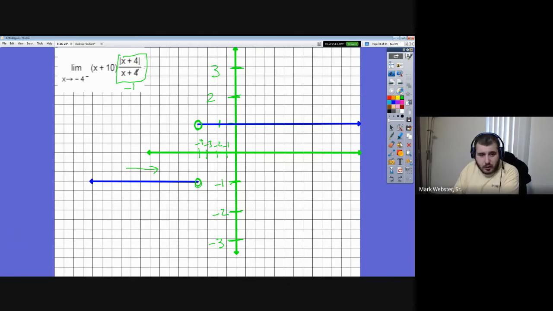This is the hard part. If we see this and we remember coming from the left, it's -1, coming from the right, it's +1. And then we come here at -4, we just plug that in and we get 6. So 6 times -1, right? So the answer here is just -6. Y'all see what I'm saying?